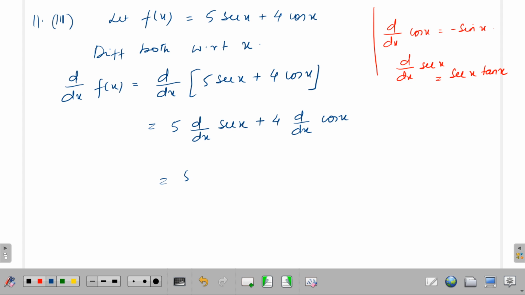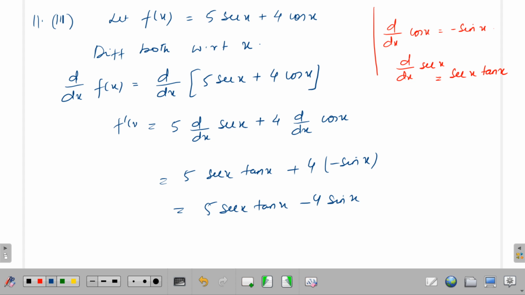So it will be 5 times d/dx of sec x, which is sec x tan x, and d/dx of cos x is minus sin x. So I'll get the answer 5 sec x tan x minus 4 sin x, and that's nothing more than f dash x. So that's all about question number 11.3.